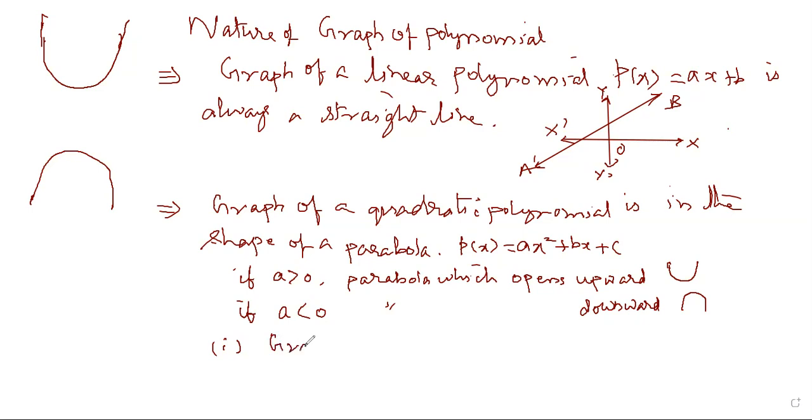Intersecting the x-axis means it can touch also. It can intersect at the most 2 points, or it can touch. Means it can be like this on the x-axis.